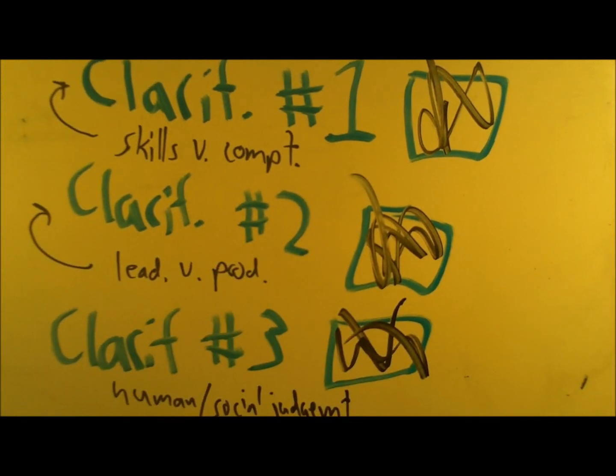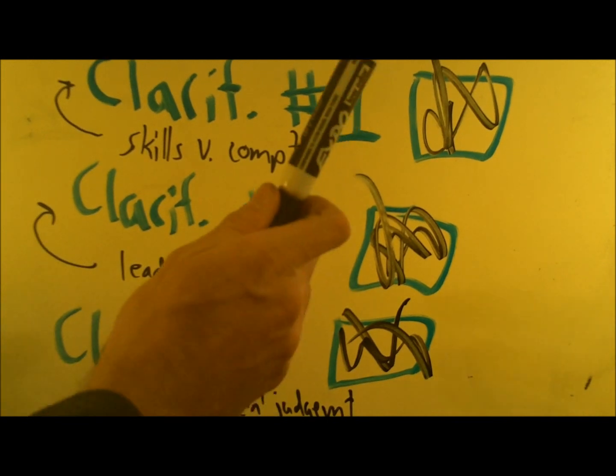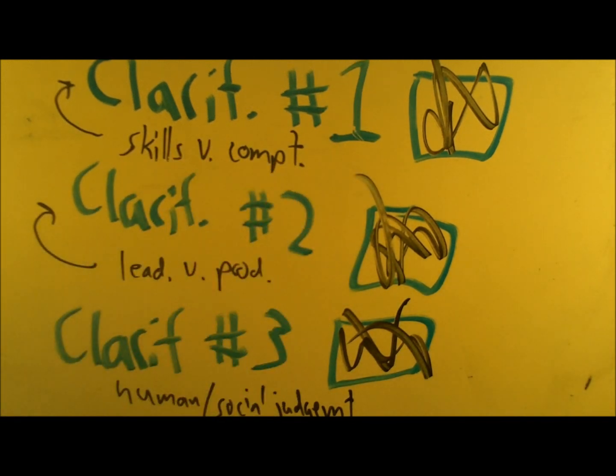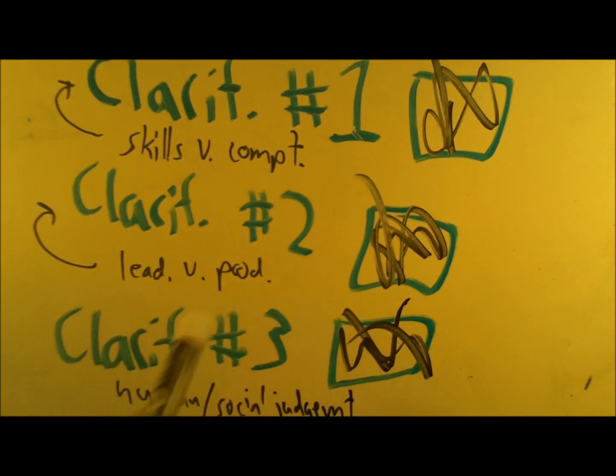And really quick, let's review the 3 clarifications that I wanted to put forth for this video. So the first one was clarifying the differences between skills and competencies. The second one was clarifying the difference between leadership and production.